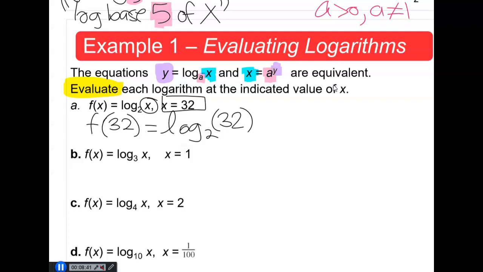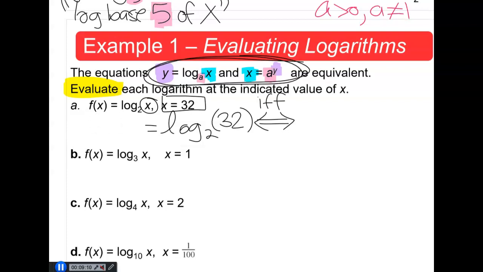So how could we do this? What we're going to do is change it to exponential form. The double arrow implies the if and only if, which has the abbreviation IFF. So first, I'm going to change f of 32 to just the letter y.